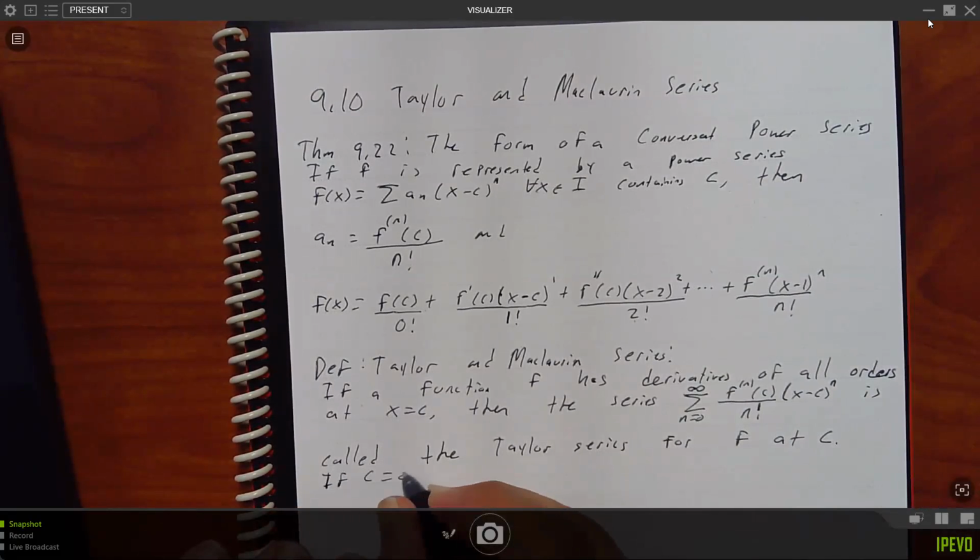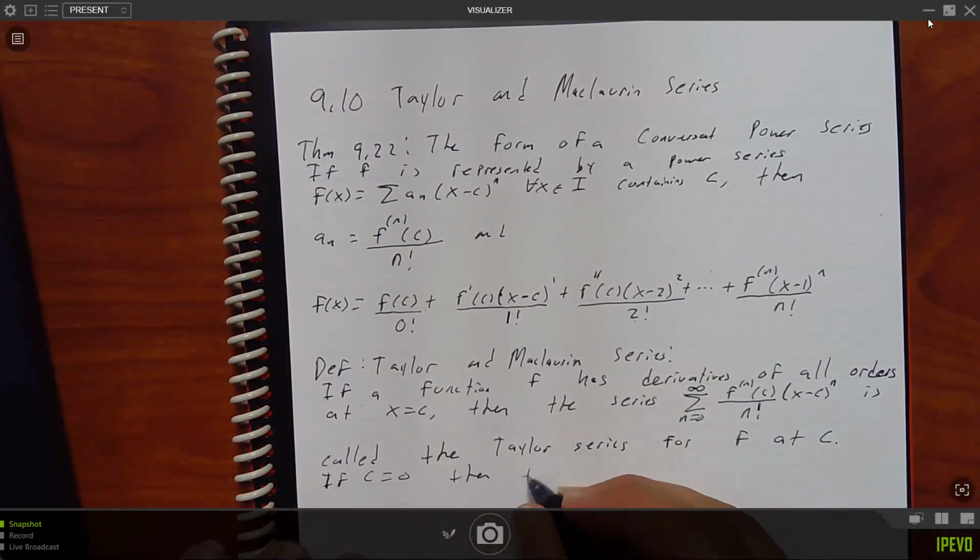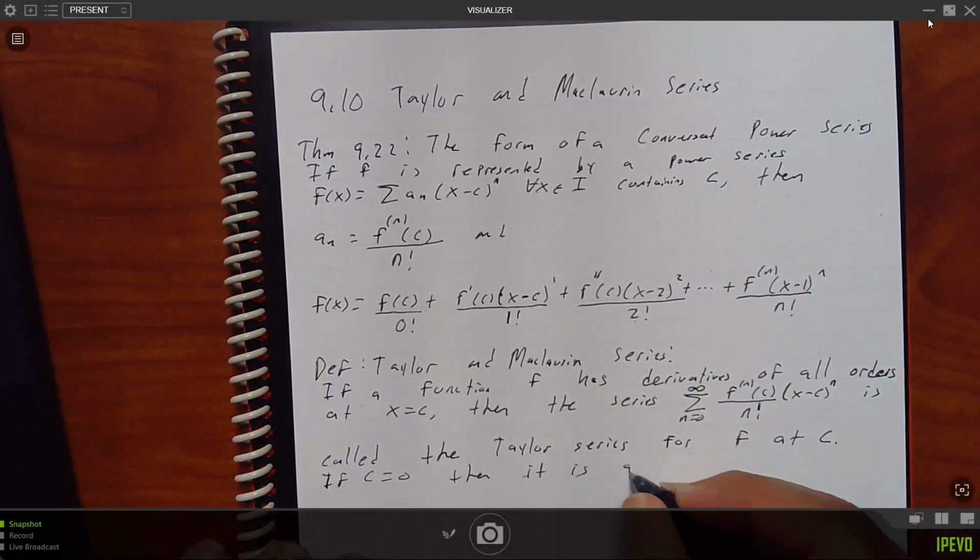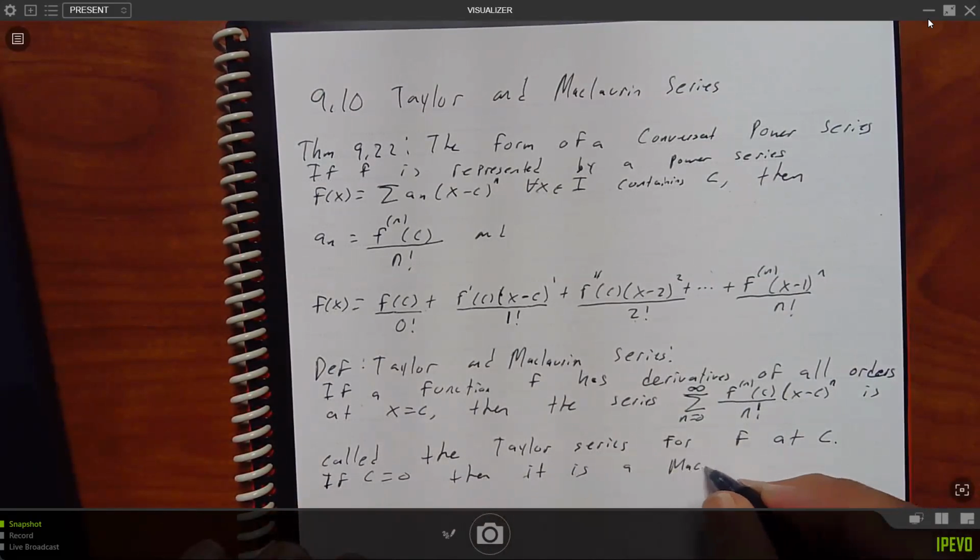If c is equal to 0, then it is a Maclaurin series.